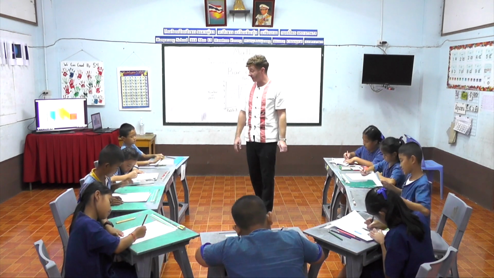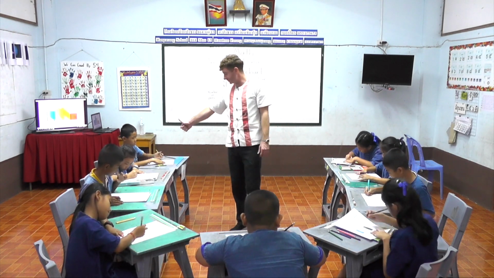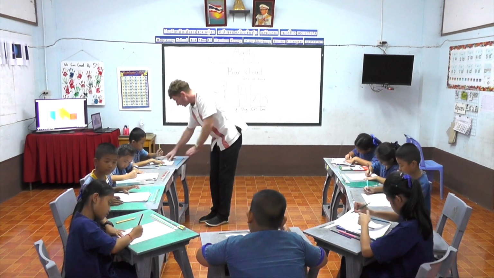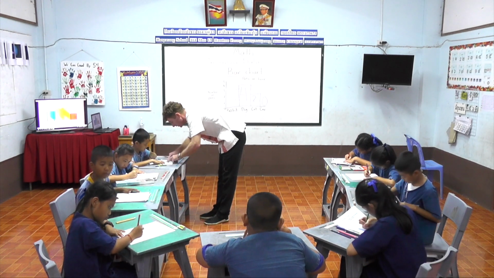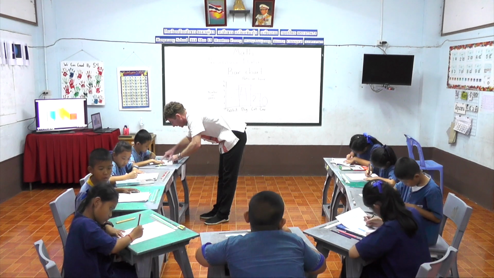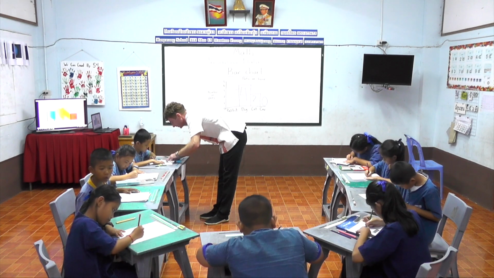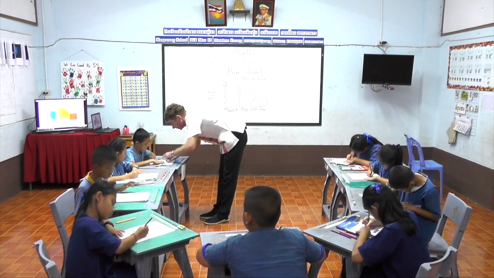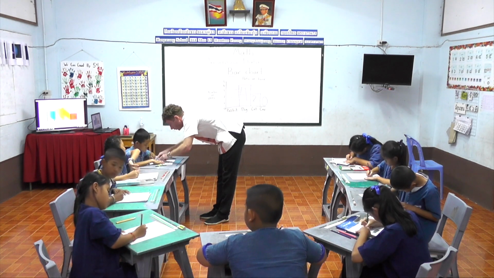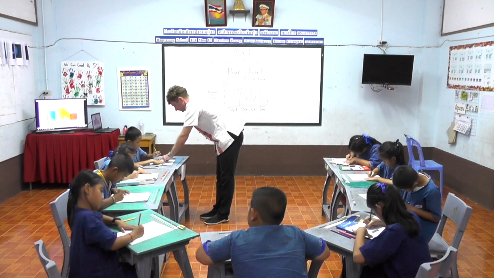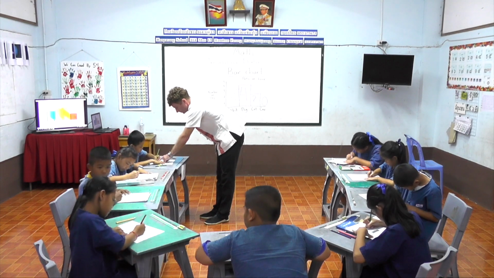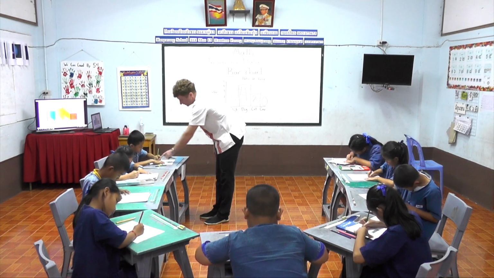Some nice colours, guys, doing very well. Chew, that's excellent, well done. So you can see, football, the first one, 8 people, goes up to 8. Next one, tennis, how many? 4. So tennis will go 1, 2, 3, 4, up to here. Excellent.